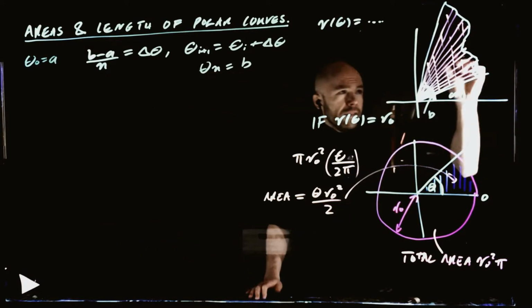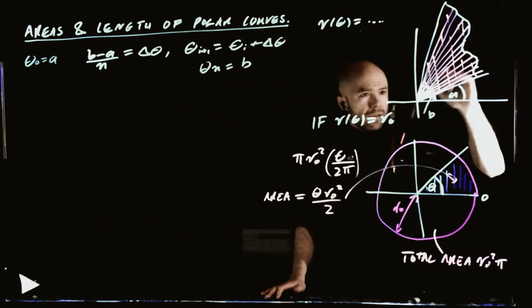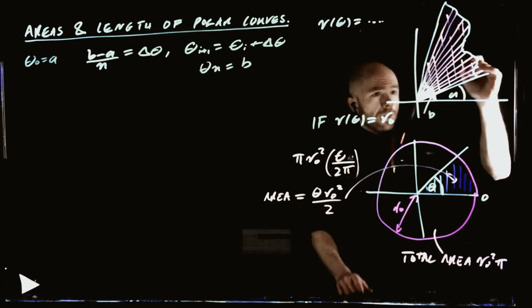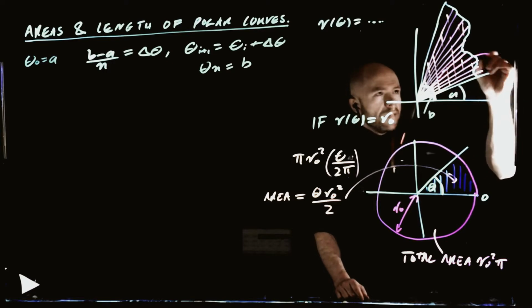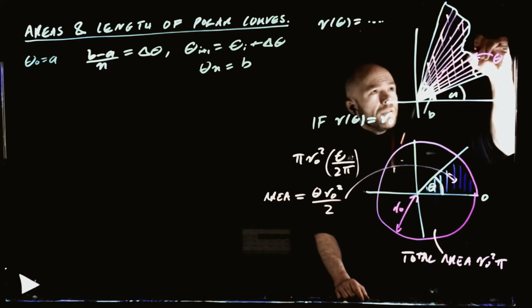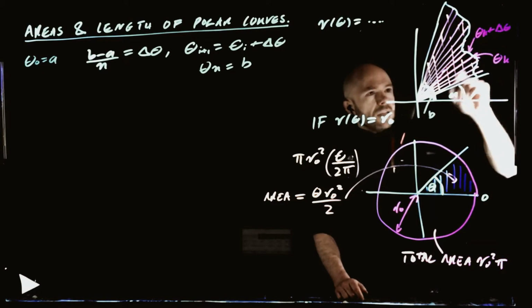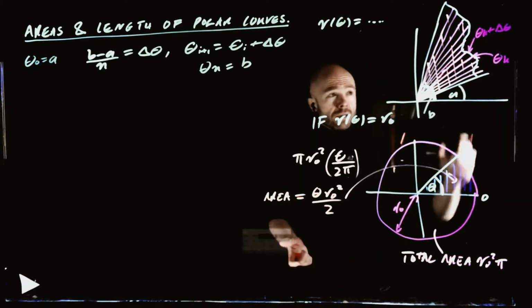And then we look at one of these particular guys. Suppose we look at this particular little slice, right? So say this is angle theta_k, and then this here is the angle as we shift forward by just delta theta. And we look at that on a bigger scale.